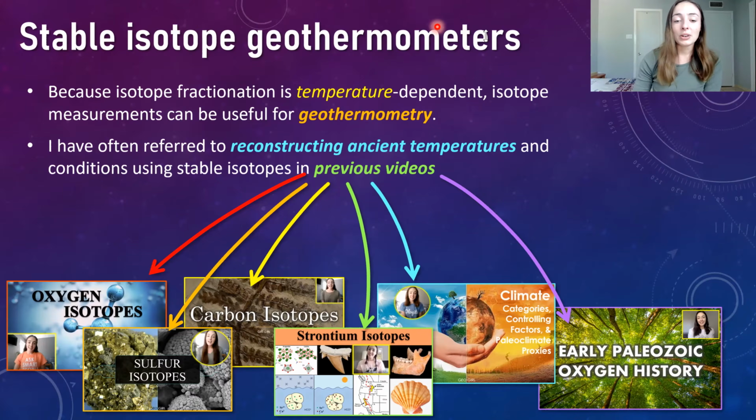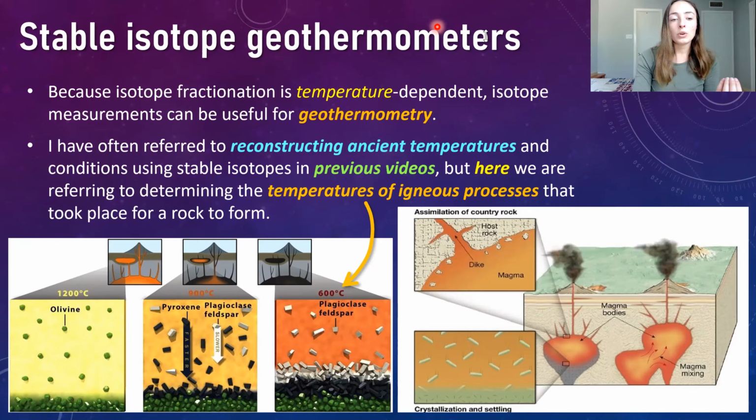And so I've talked about how to reconstruct these conditions as well as climatic conditions, temperature conditions, all of these things with stable isotopes in these videos. But I want to stress here that when I'm referring to geothermometers in this Igneous Petrology playlist, I'm actually referring more to determining the temperatures of igneous processes that took place for a rock to form.